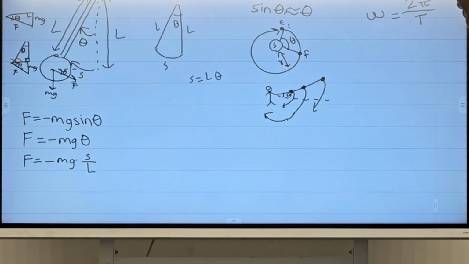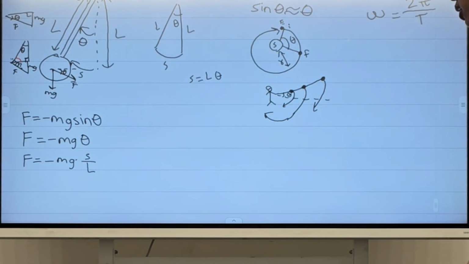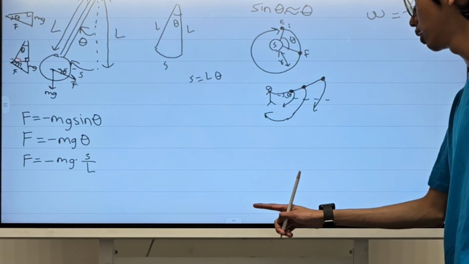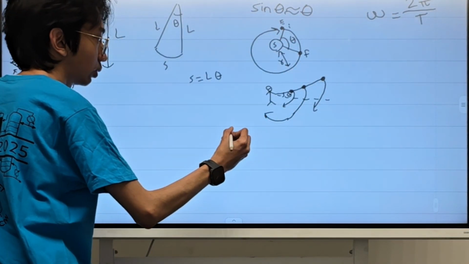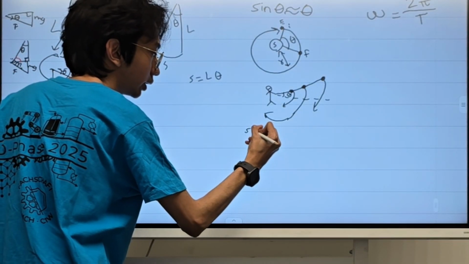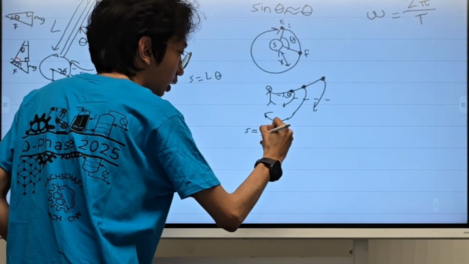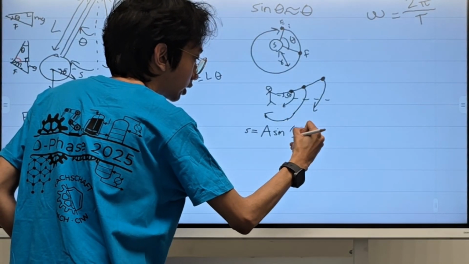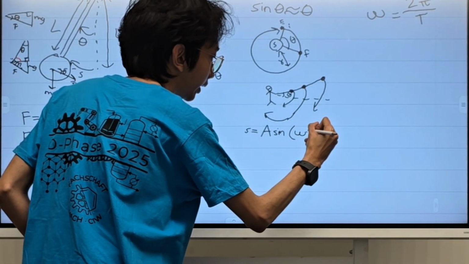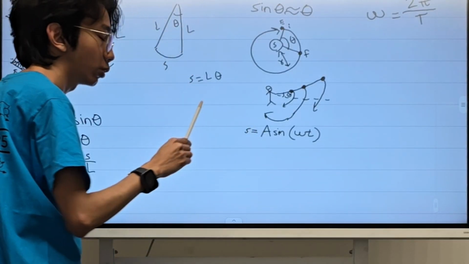Let's say S. I'm going to do it around here, below this. So the distance it travels is actually going to be given by A sine of omega t. This is the equation.